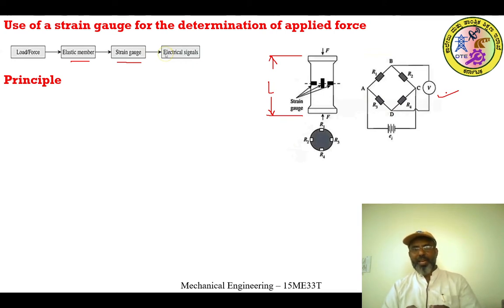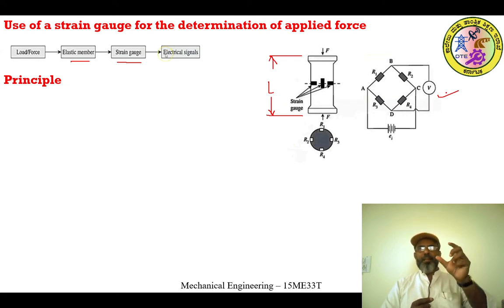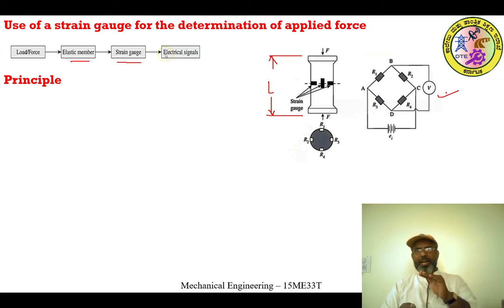Now today we are learning the term secondary transducer. If you consider an example of a spring balance, when you apply the force, there is deflection or elongation in the spring, and it directly gives the reading, therefore it is a primary transducer.